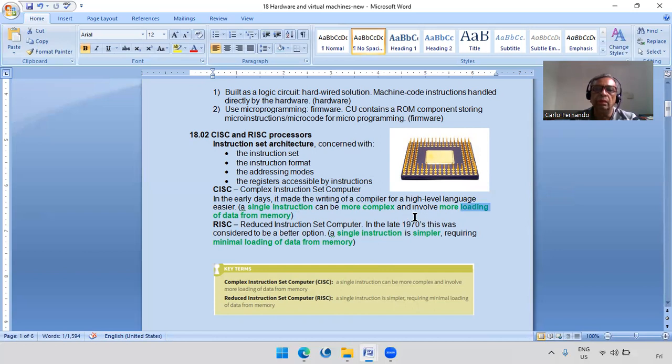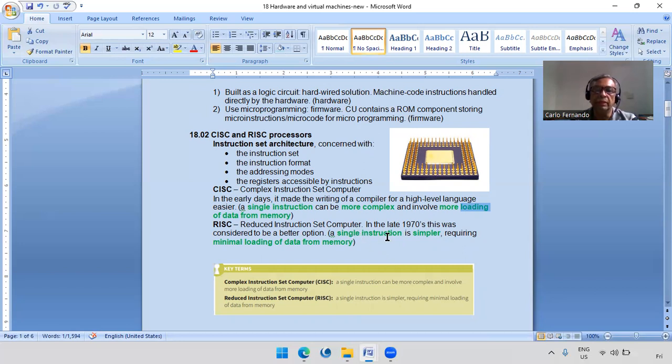So from the memory, the data should come into the registers, and a single instruction is more complex and involves more loading of data. Whereas the reduced instruction set computer that came in the late 1970s was considered to be a better option. So first this was good, now this became better.